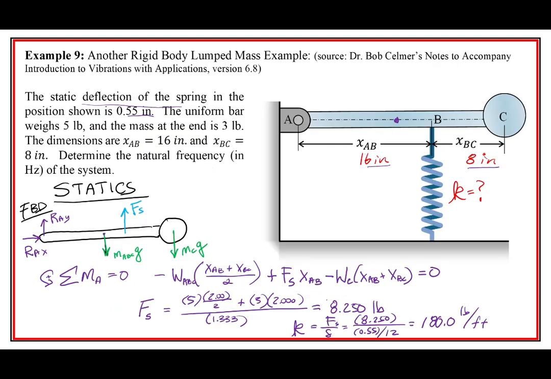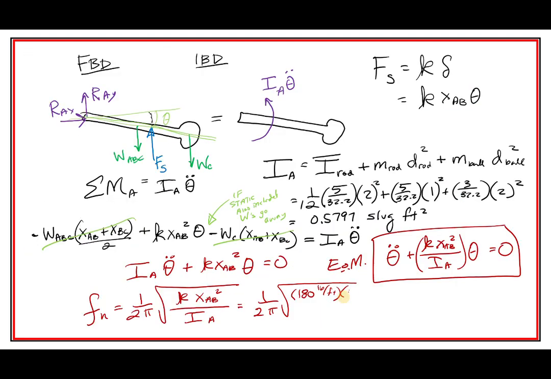X_AB was 16 divided by 12, or 1.333 feet, squared, divided by 0.5797 slug feet squared.